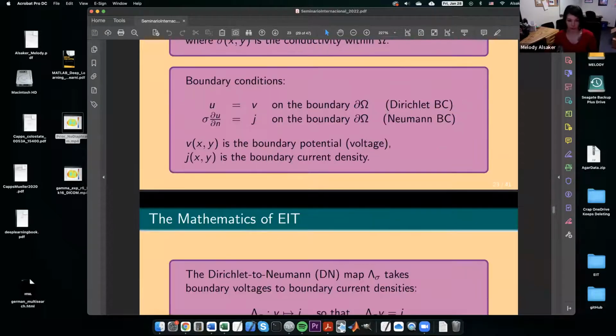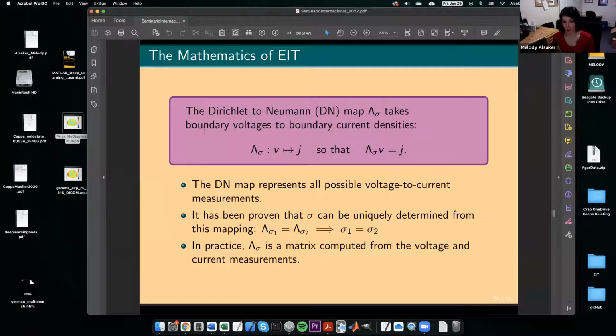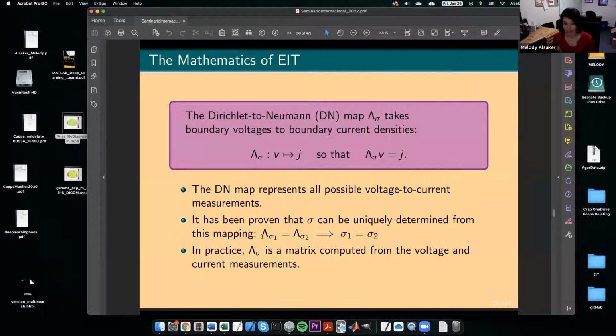The mapping that takes the boundary voltages to boundary current densities, so it maps the Dirichlet boundary conditions to the Neumann boundary conditions, is called the Dirichlet to Neumann map. It looks like this, and we use this big lambda here. This represents all possible voltage to current measurements, and it's been proven that the conductivity, which is what we're trying to recover, can be uniquely determined from this mapping in a theoretical sense.